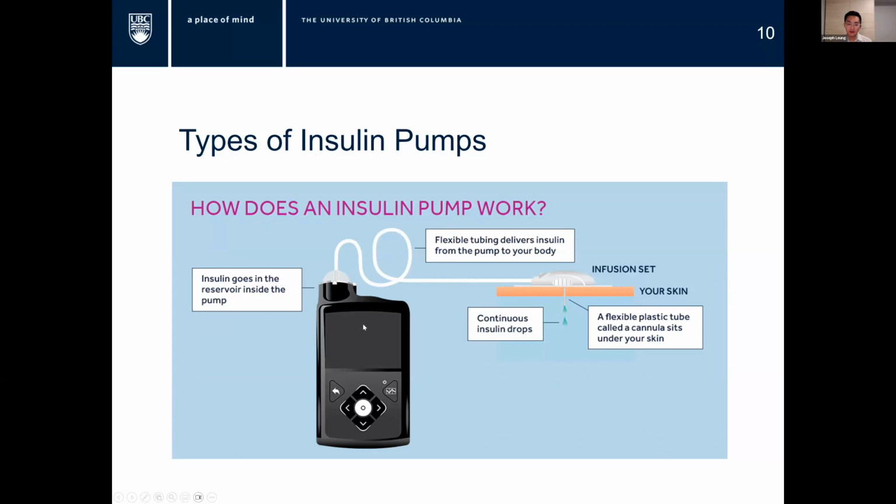As you can see here, there is typically a mechanical controller that is pumping that insulin. In this particular Medtronic, which is a tube pump, the insulin is pumped through the tubing into the infusion set and then under the skin through this plastic cannula into the body.